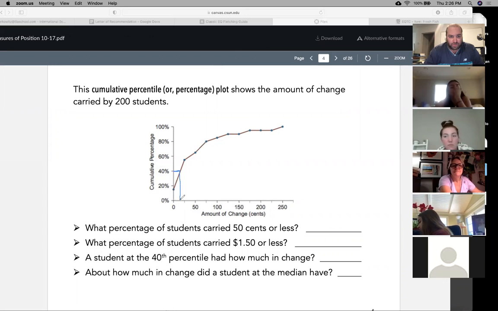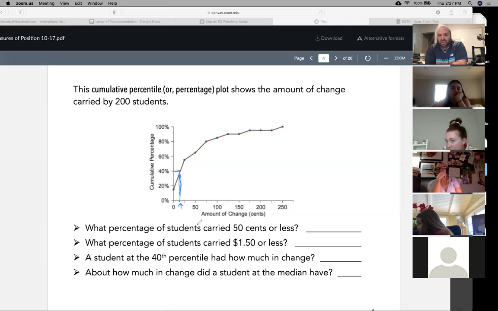And then you go down to figure out the value for that point, which is about what? 15 cents, give or take? I'm thinking 20 cents. Again, it's not 100% accurate, but it's ballpark.